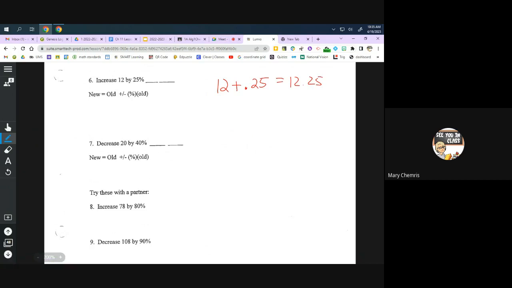The problem is the way we say things in English. When we say increase 12 by 25%, we mean by 25% of 12. So when we do this, first we have to figure out what is 25% of 12.